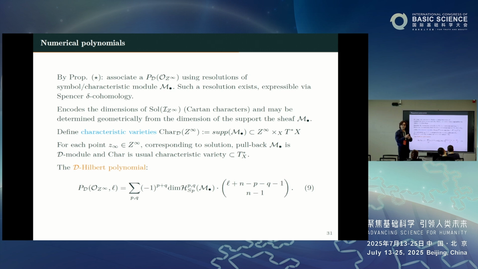Remember, we were looking at the Hilbert scheme of subvarieties. These were O_X surjecting onto O_Y, where the Hilbert polynomial of Y is P. Now I have O of Z infinity, and I have a notion of Hilbert polynomial for it, which comes from this regularity, involutivity. So it is given by this.